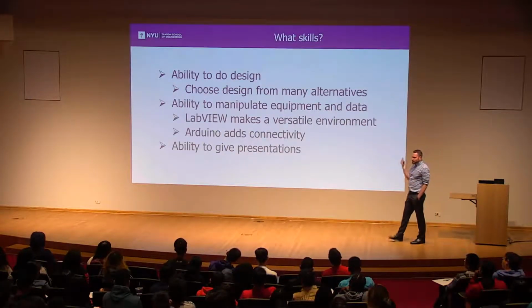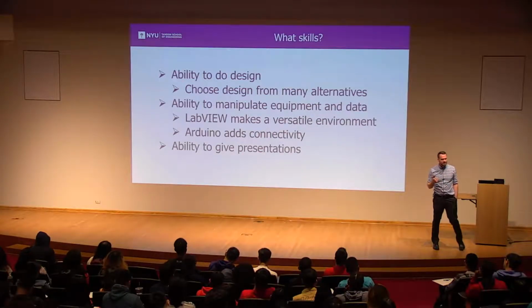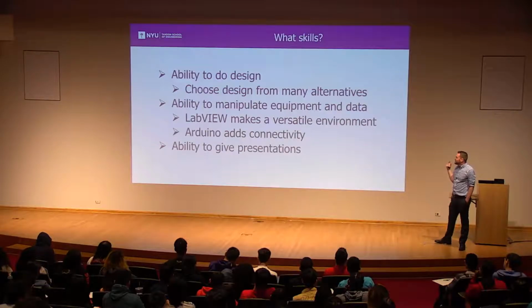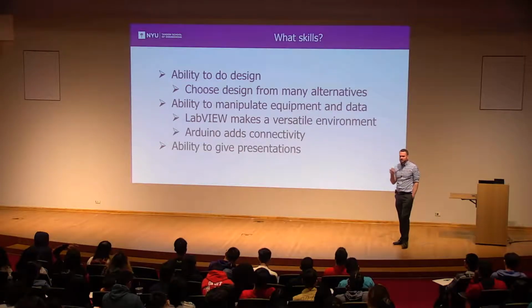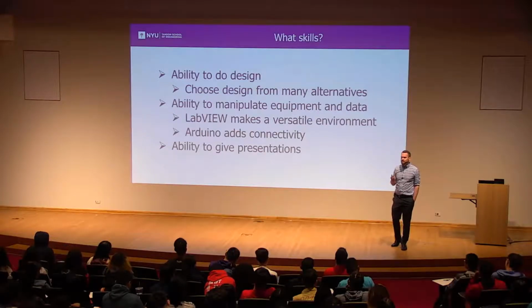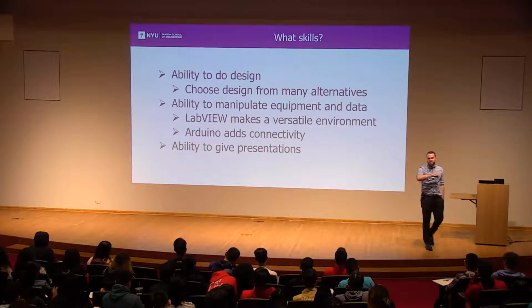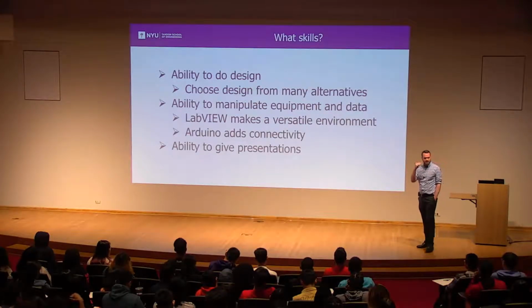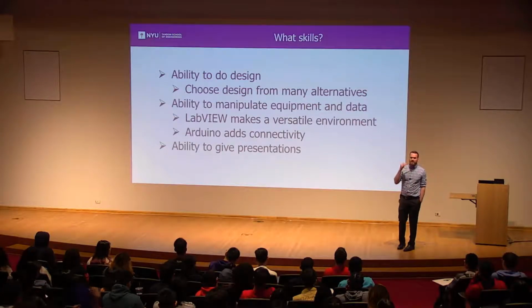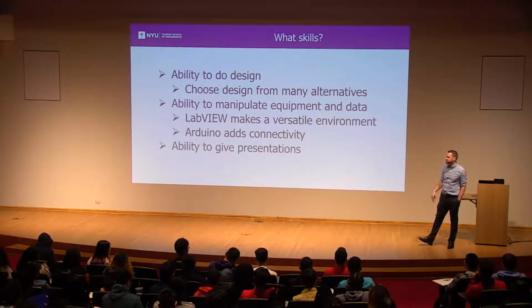So what other skills are employers looking for? They want people who can do design. They want you to be able to think about how to choose from multiple alternatives. So whenever you're solving a problem, the typical solution doesn't just go from point A to point B. There are several different steps along the way, and they want you to be able to identify, here are the different ways I can solve it, and then justify why you selected your specific route for your design and your problem solution.